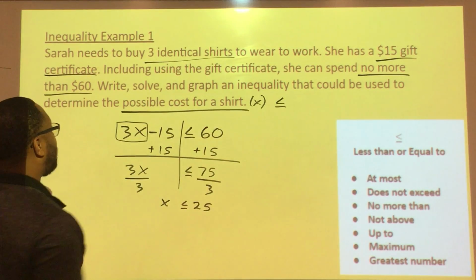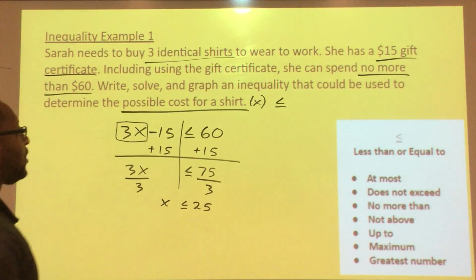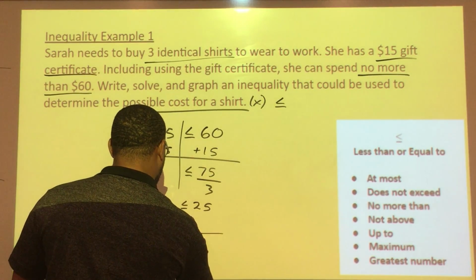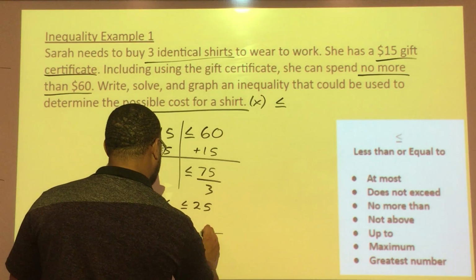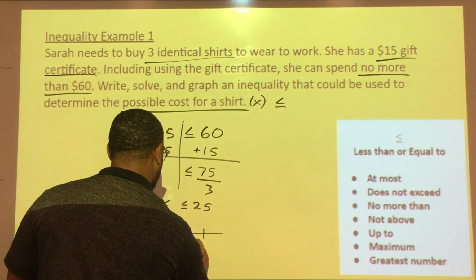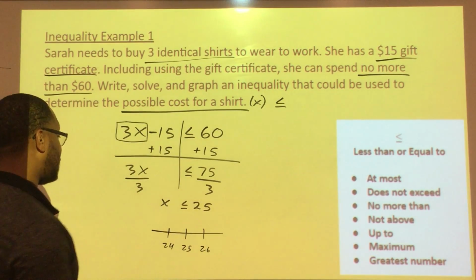Now this problem does tell us to graph. So what does that look like? If the cost needs to be less than or equal to $25, let's say this is 24, 25, and 26.